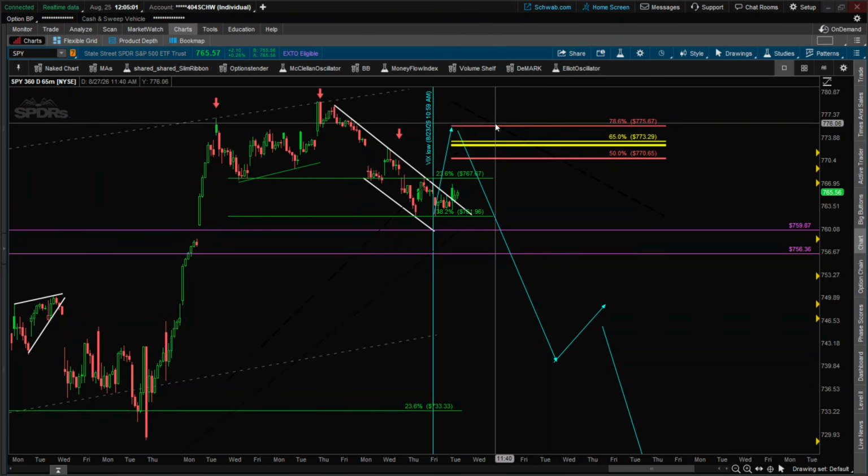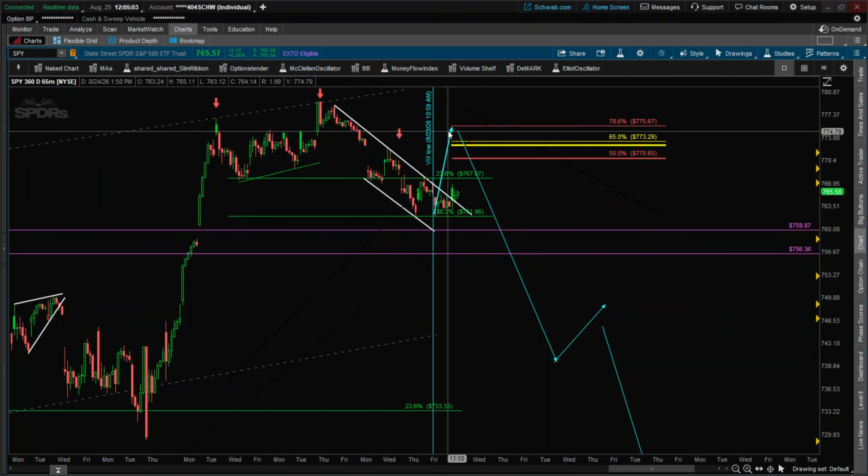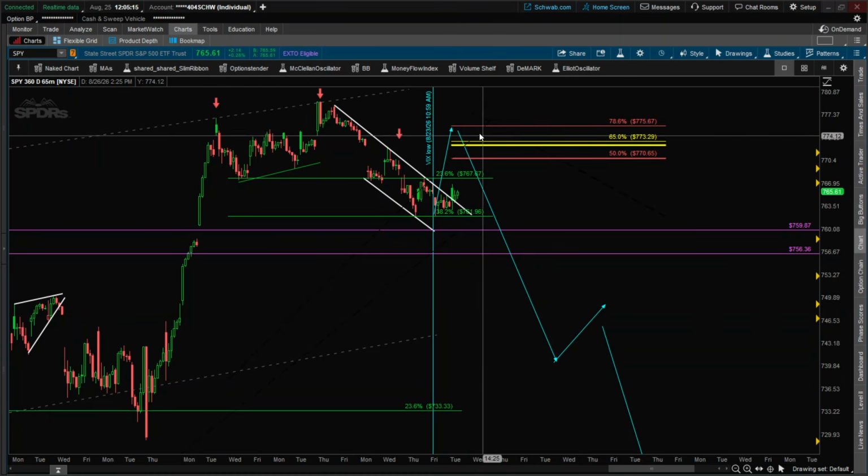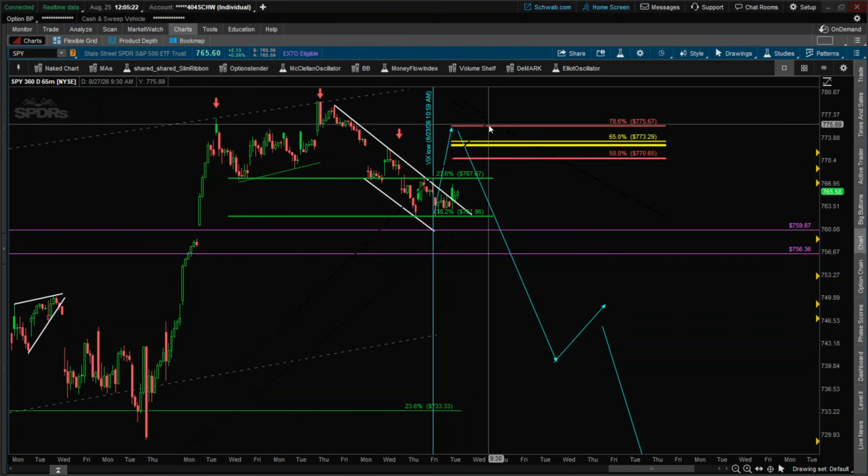If we even do get a lower high, it would be the 786. Get on top of the 786, and it's a high chance the probability starts to rise that we're going to make all-time highs and probably see maybe 780 or so. Okay, so this is the arrow going up.